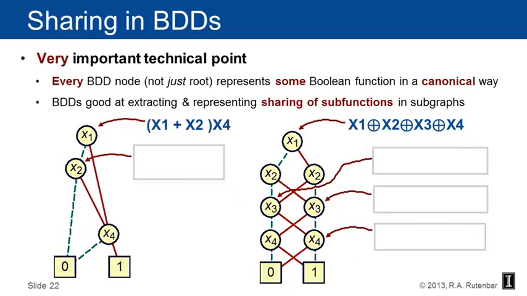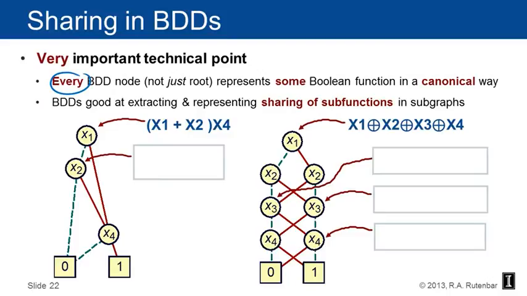And it is also illustrating another very important technical point, and that's the substantial point of this particular lecture. Every BDD node, not just the root, but every BDD node represents some Boolean function in a canonical way. Now, you might create the BDD on the left because you want to manipulate x1 plus x2 and x4, and that's great.